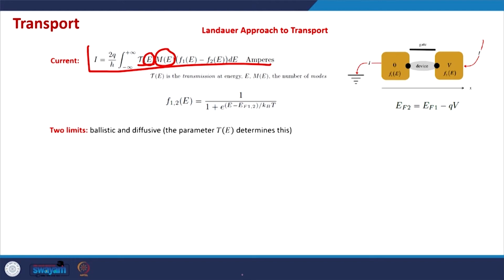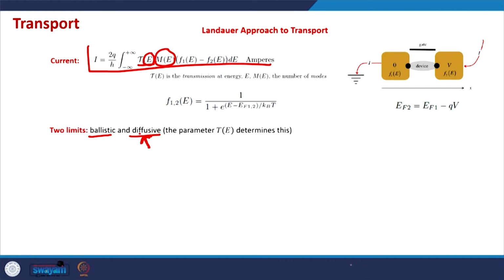So, generally while discussing this Landauer model of transport, we first try to understand what happens in the ballistic limit and what happens in the diffusive limit. And finally, if we can understand things in the diffusive limit, we can extend this idea to long channel MOSFETs as well.